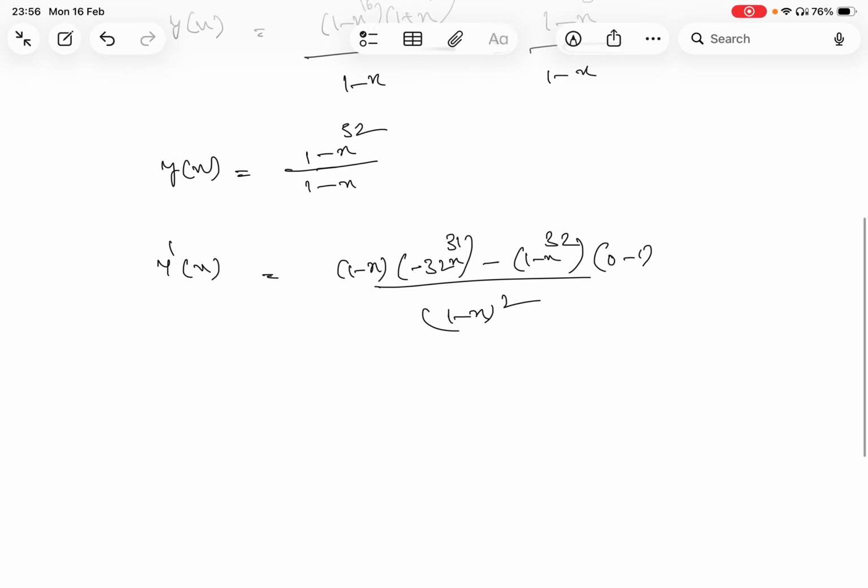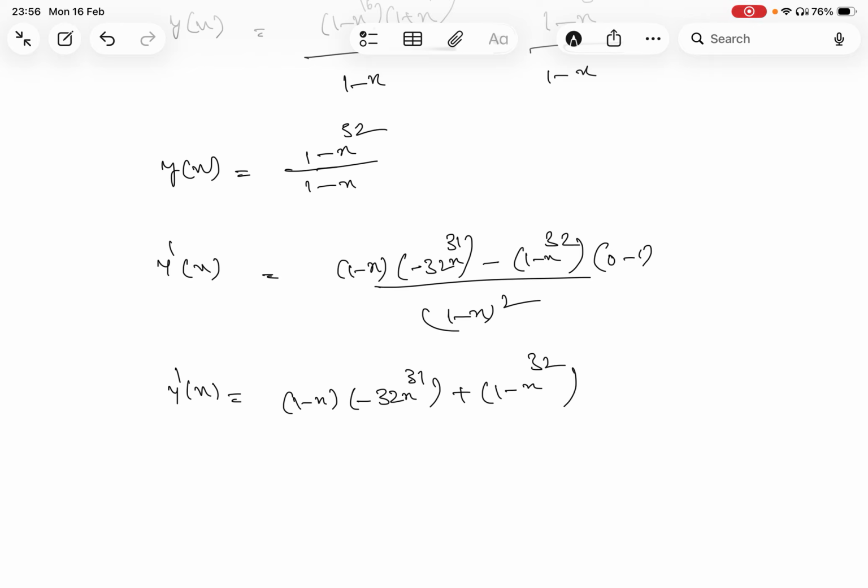Then this y dash of x becomes 1 minus x into minus 32 x power 31. This becomes 0 minus 1 is minus, minus minus becomes plus, 1 minus x power 32.